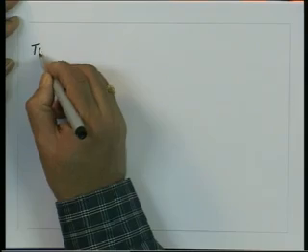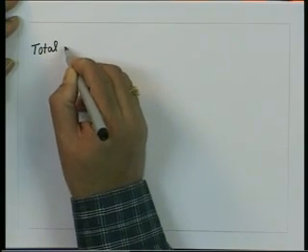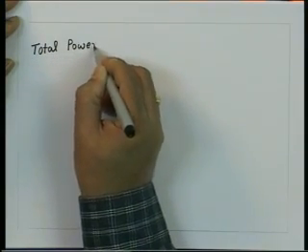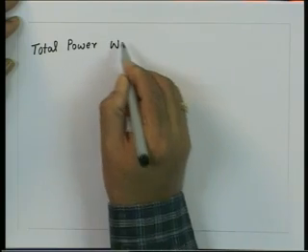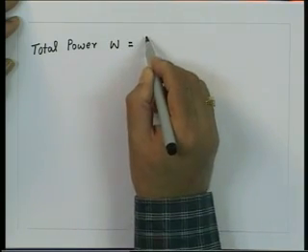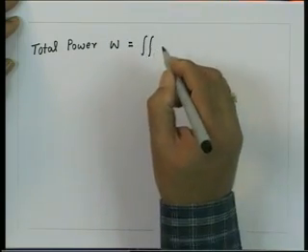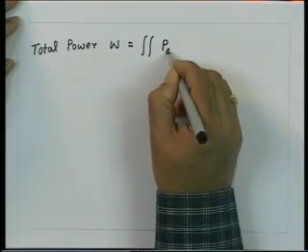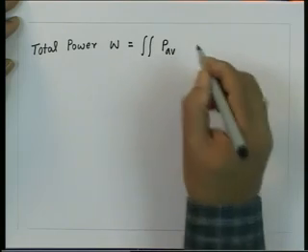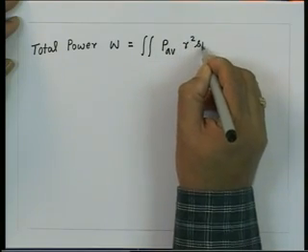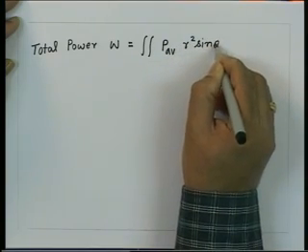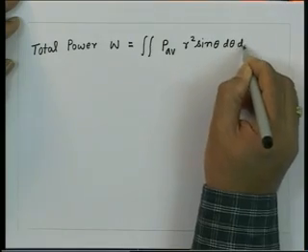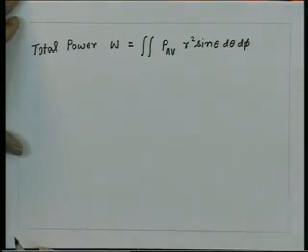So, what we can do now, the total power radiated by the dipole, W, let us say, is equal to the surface integral of P average r square sin theta d theta d phi. So, what we have?